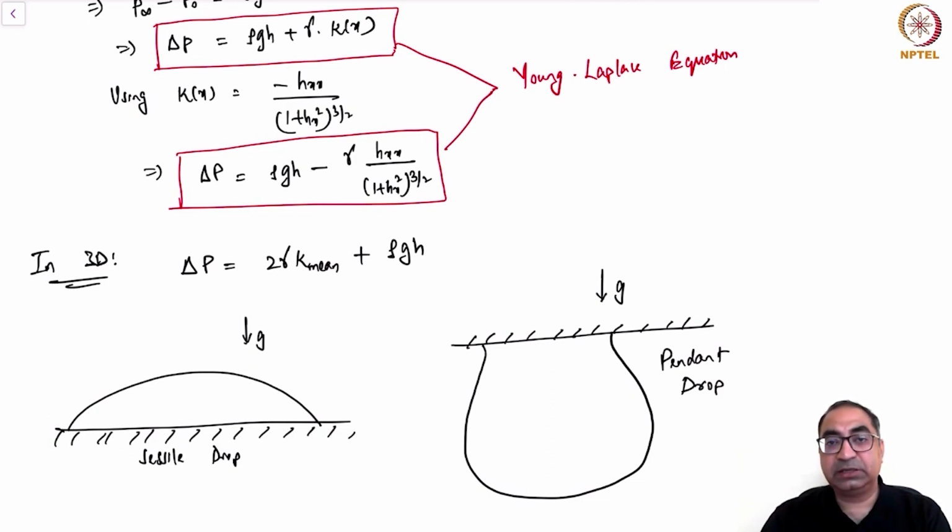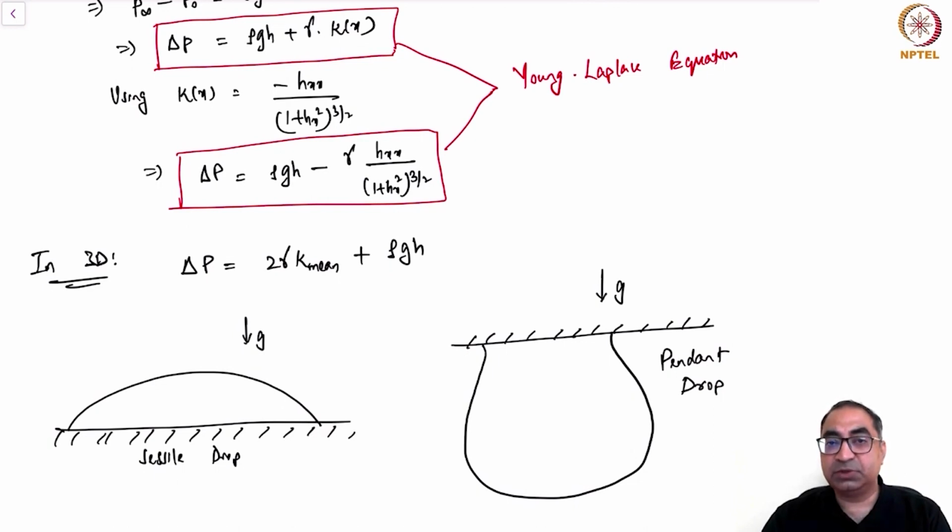So I can reduce it to a one parameter family of solutions where gamma is the only variable. So if I were to do an experiment, I would basically determine the shape of the drop, capture it typically with a camera, and then fit the various solutions that are possible. I'll do a fit of this solution of the Young-Laplace equation to the shape that I have in the experiment, where the only unknown parameter is gamma. So I can actually determine the value of surface tension in that way.